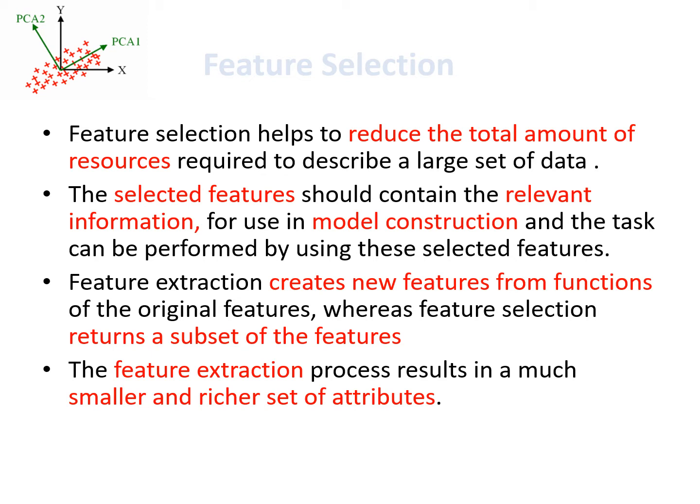So this feature selection helps to reduce the total amount of resources, and it will select only the relevant information which is used for model construction. And this particular feature extraction creates new features by using functions of the original features, so that new features can also be created. The output of this feature extraction is a small and rich set of attributes.